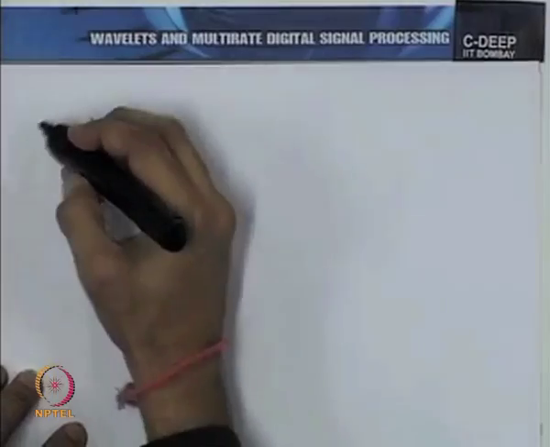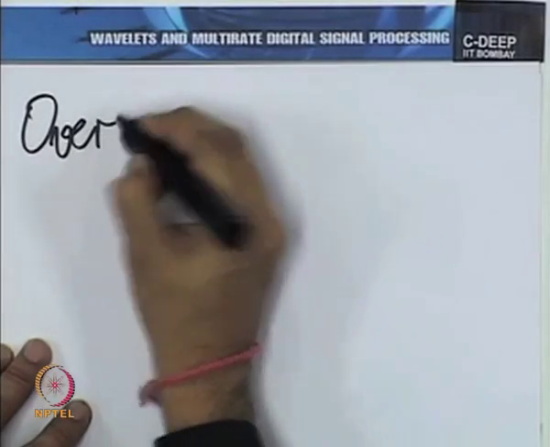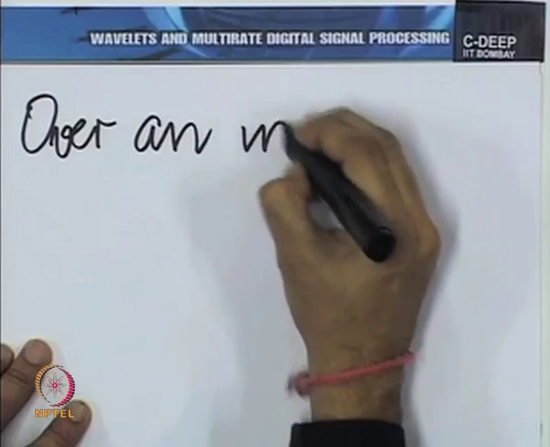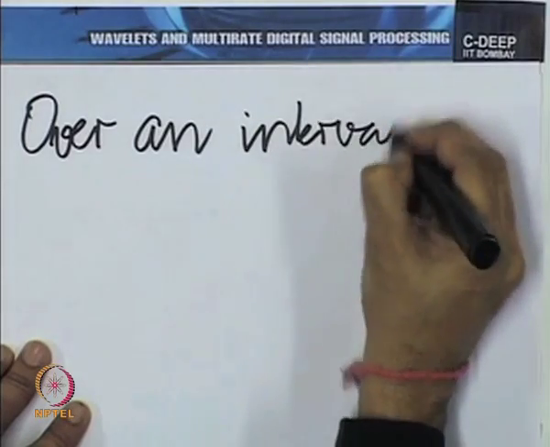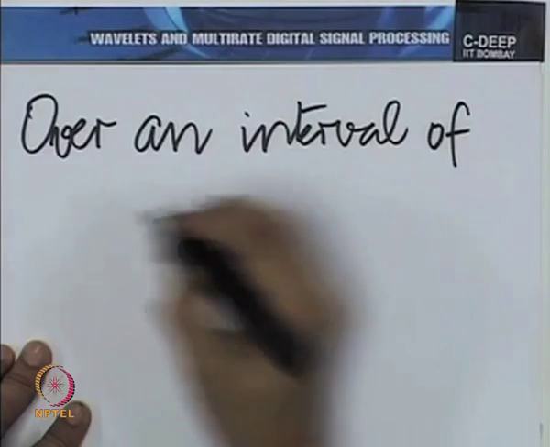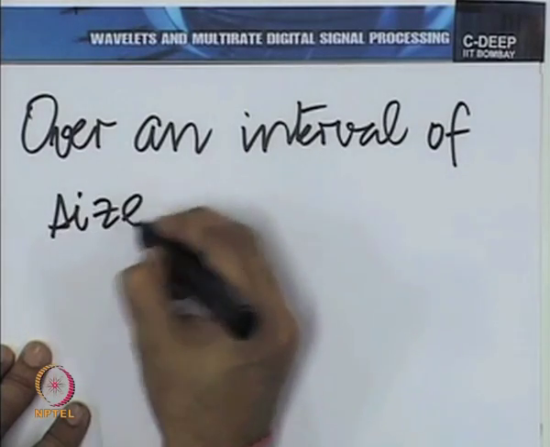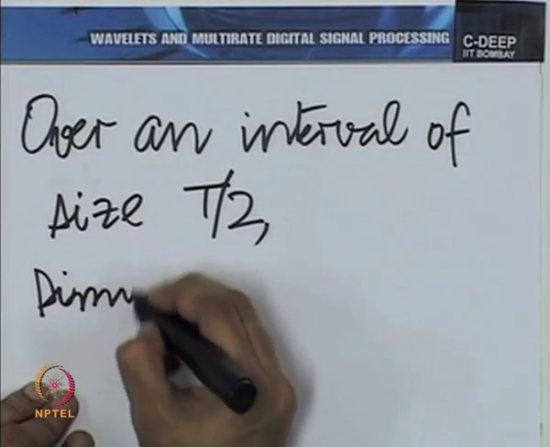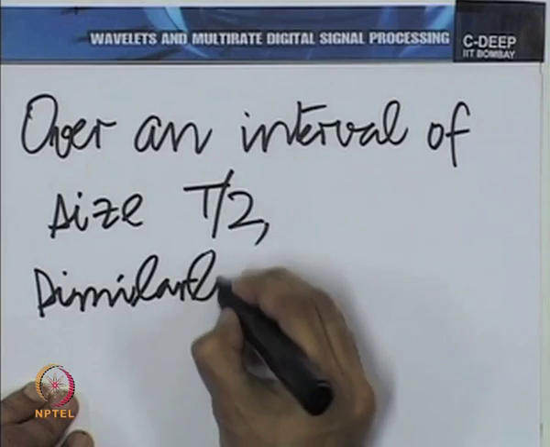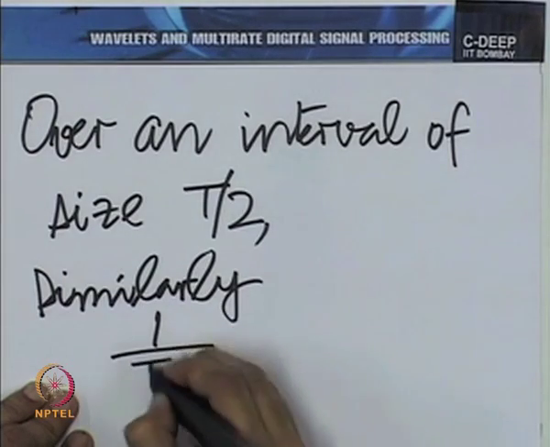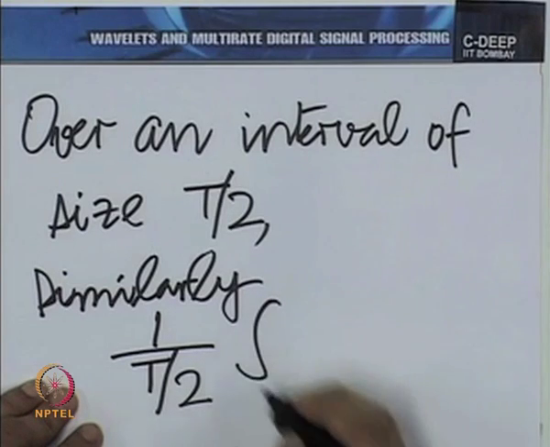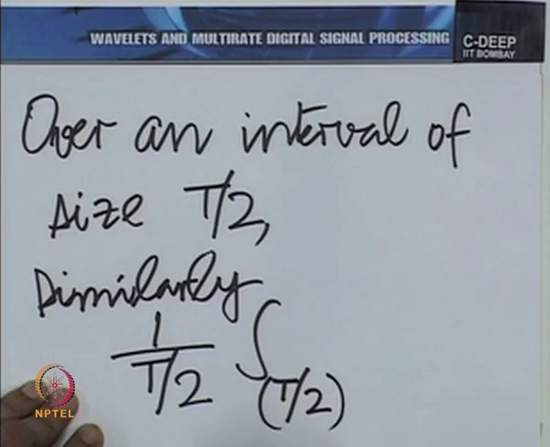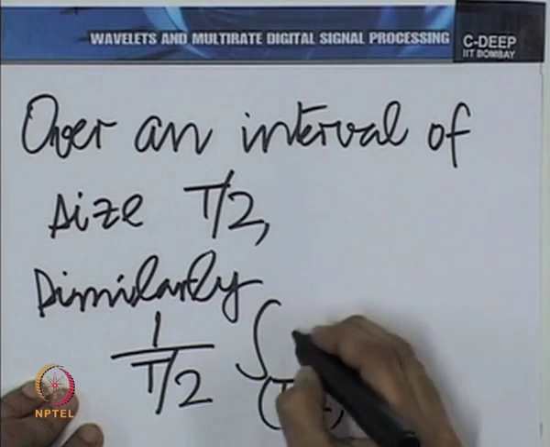So, over an interval of size t by 2, you would similarly have 1 by t by 2 integral over that interval of length t by 2 of x of t dt.